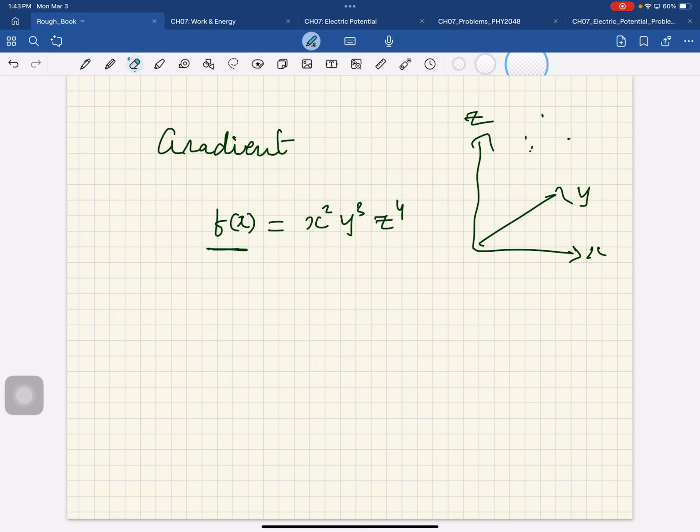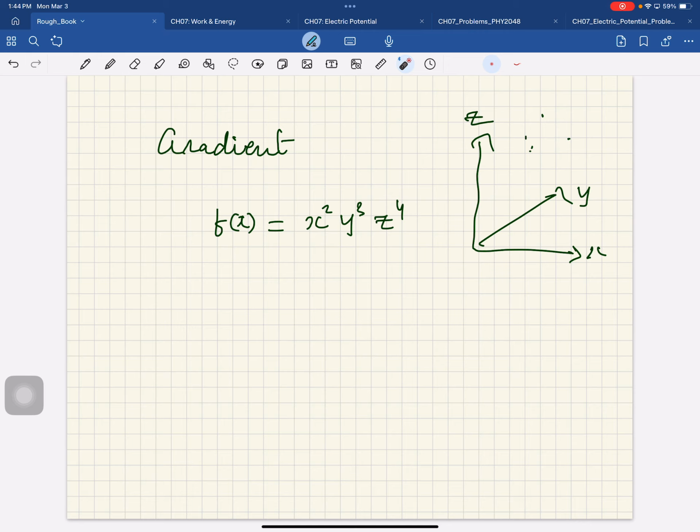Then you can ask the question, in which direction is it increasing the fastest? That's a legitimate question. For instance, let's say in this room this was the temperature in this region.